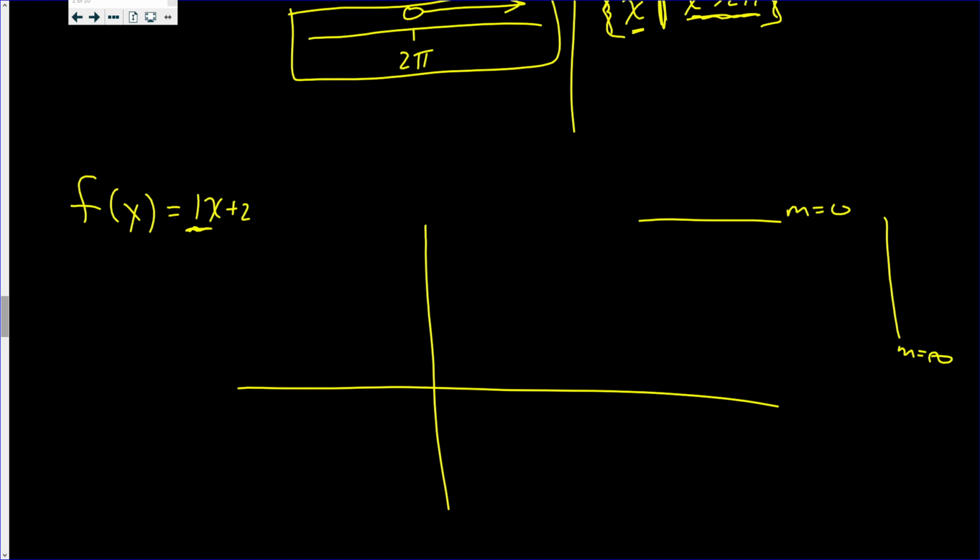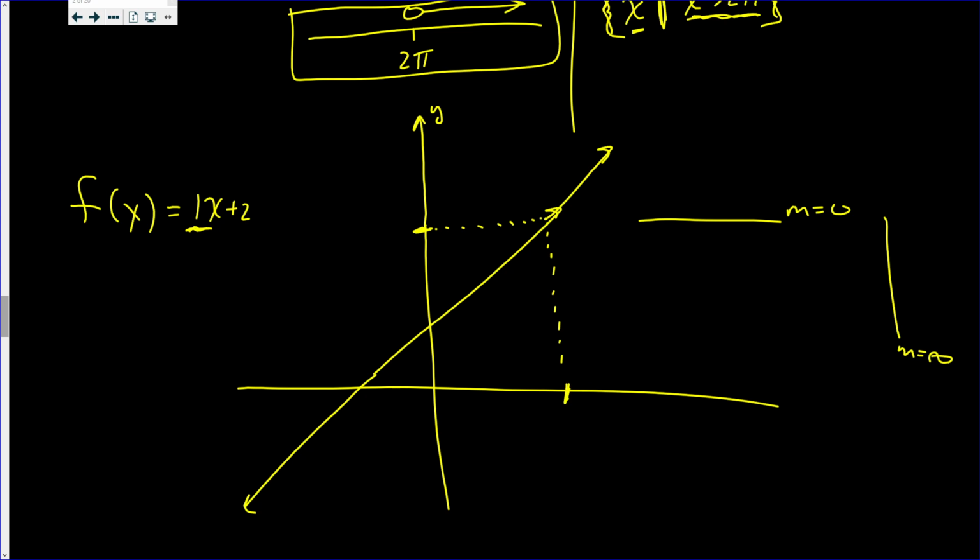It's one. That is, it goes up forever and it goes down forever. It hits every possible y value. Is it ever this value? Sure. If you take f of that number, you will get that number. Does it ever hit this y value? The answer is yes.